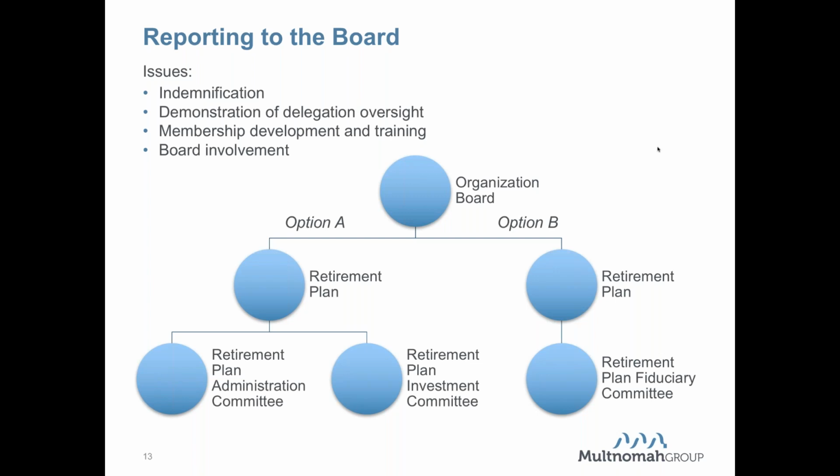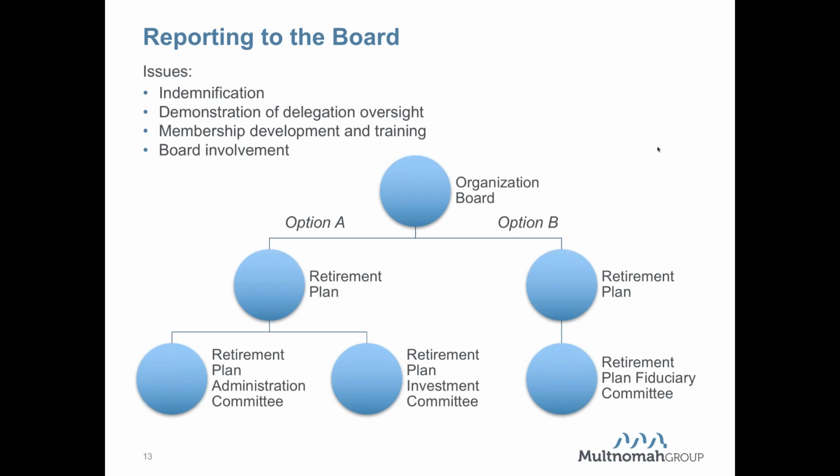What is more common, especially in mid-sized and certainly smaller organizations, is option B. In this case, you have a board which ultimately delegates the fiduciary responsibility of the plan to a retirement plan fiduciary committee.